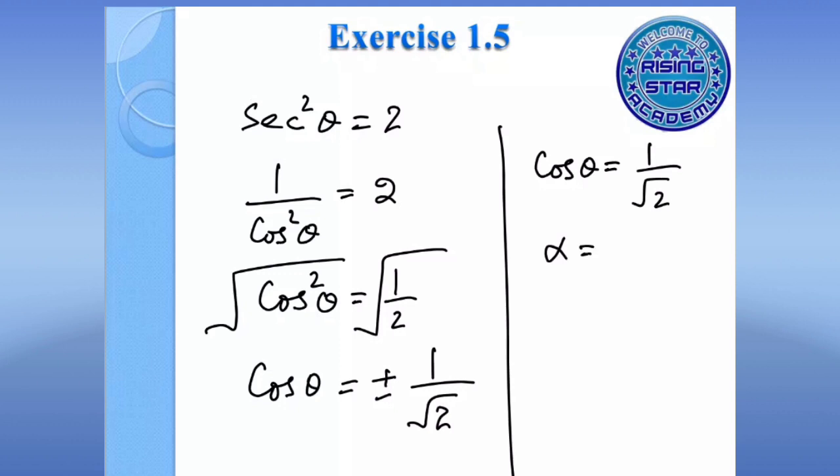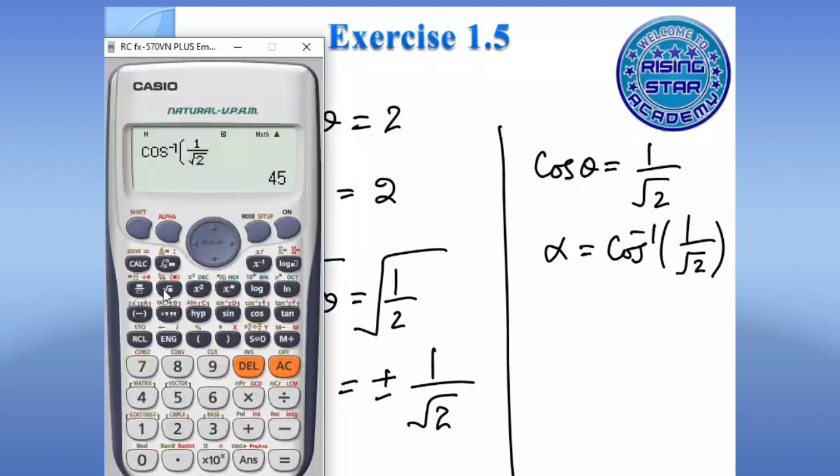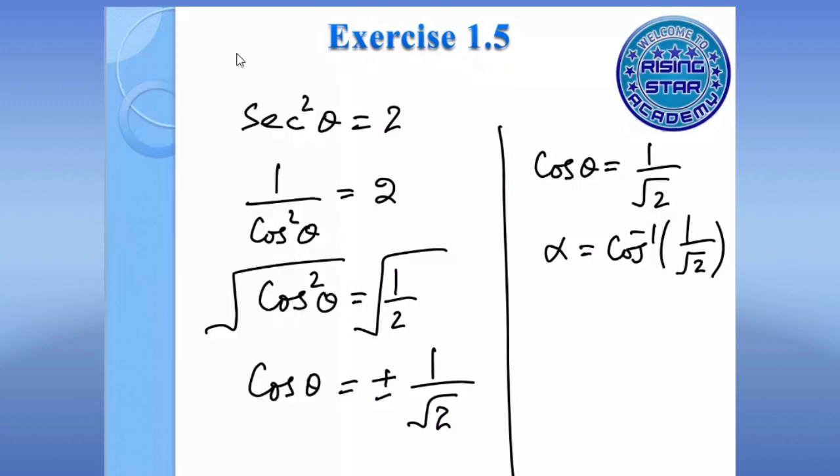We'll find the basic angle, cos inverse of 1 over square root of 2. Let me check by the calculator. That would become 45 degrees. This is our basic angle, and cos is positive in the first and fourth quadrants.